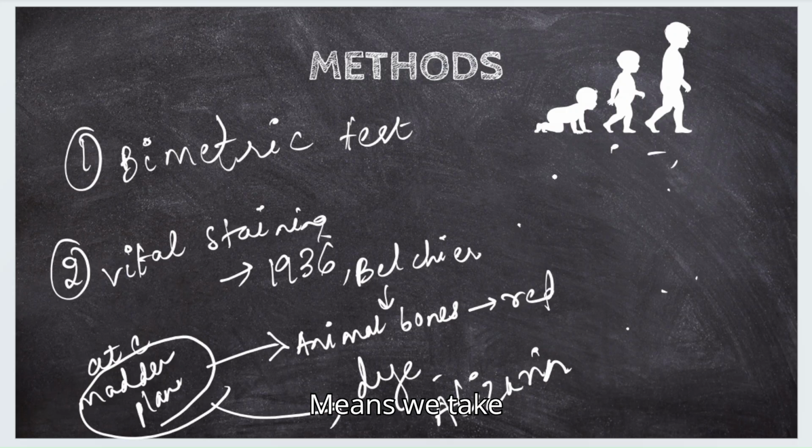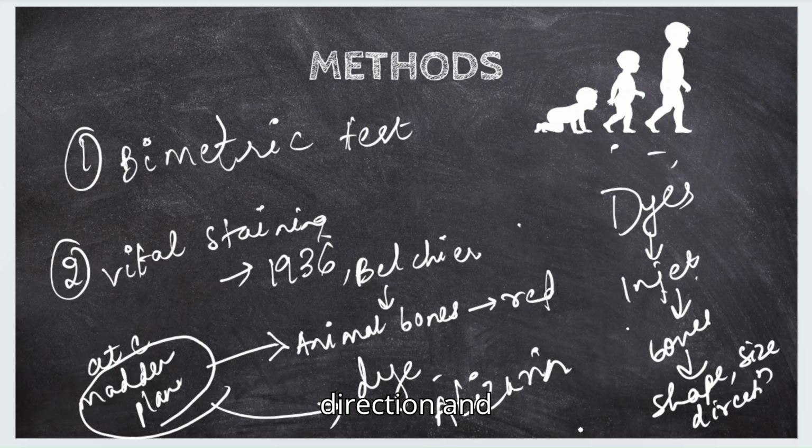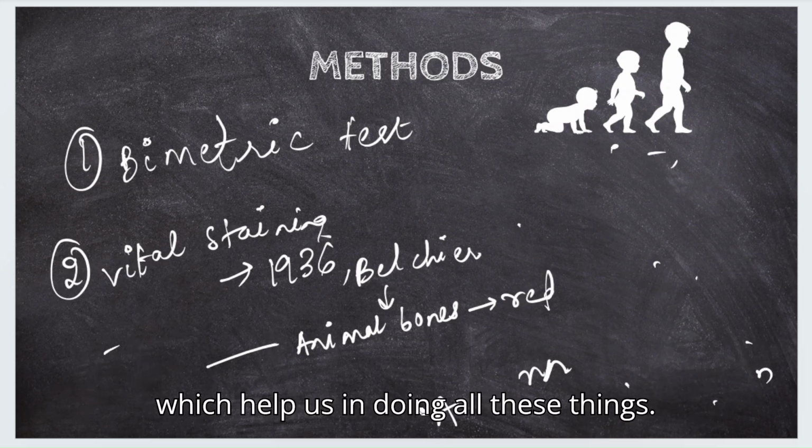Means we take dyes, inject them into bones and see where the bone is growing, not only shape but also size, direction and magnitude. Okay, so we got a thing. Now there are a few dyes which help us in doing all these things.